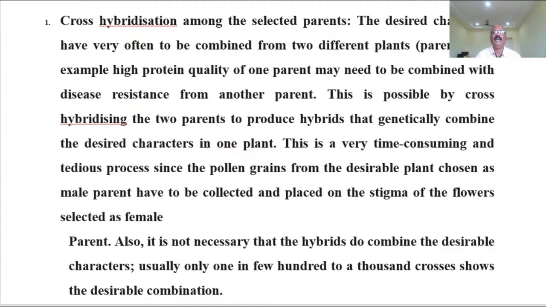This is a very time consuming and tedious process, since the pollen grains from the desirable plant chosen as a male parent have to be collected and placed on the stigma of the flowers selected as female parent. Also, it is not necessary that the hybrids do combine the desirable characters. Usually only one in a few hundred to a thousand crosses shows the desirable combination.